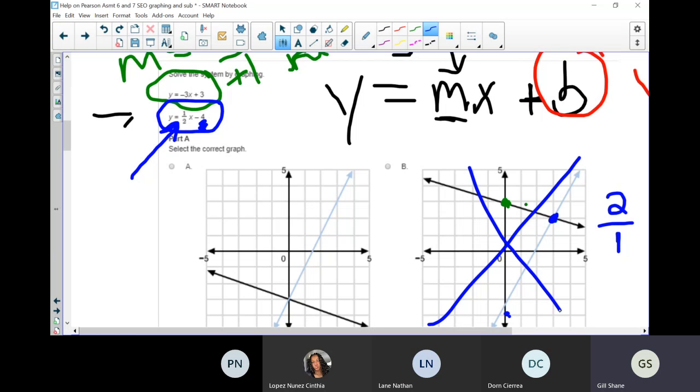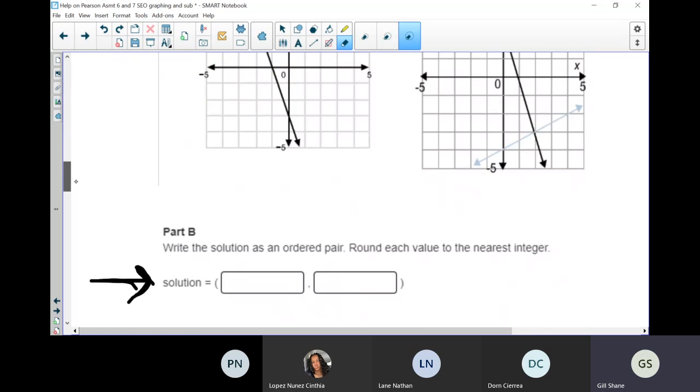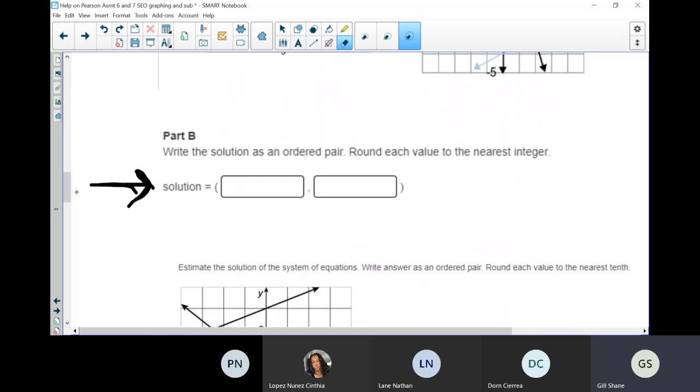Now for your last part, the way you write the answer on part B, and again, remember, this is going to be on the quiz. There's only 2 different types of questions, and this is one of them. Get rid of all of this. So the way that you put your final answer in is once you figure out which graph is the correct graph, you need to come up with the solution.